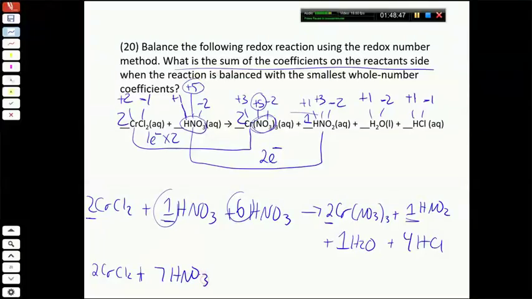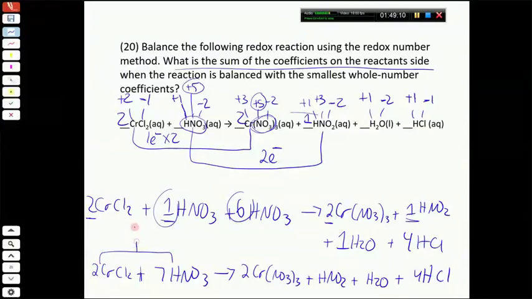Where again, 1 of those nitric acids is involved in the redox reaction. 6 of those are just involved in supplying counterions for the compound that we form. So that's the final form of this equation, but what we really need is the sum of the coefficients, 2 plus 7, which is 9.